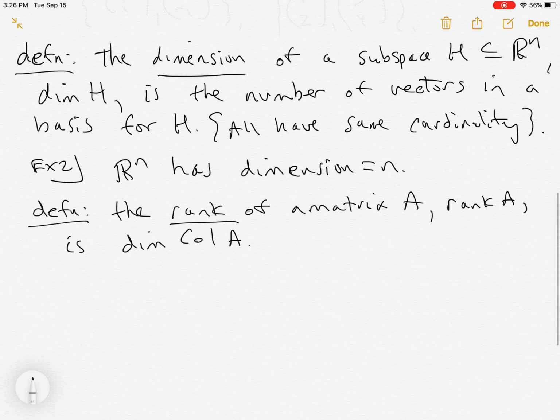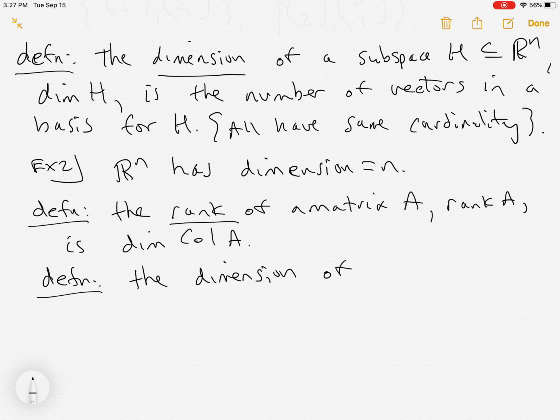And you can't talk about rank without this other definition. The dimension of the null space of A is called the nullity. And as we showed before, the column space of A and the null space of A are linked. And we'll see in a little bit, they're actually connected by a very famous theorem.